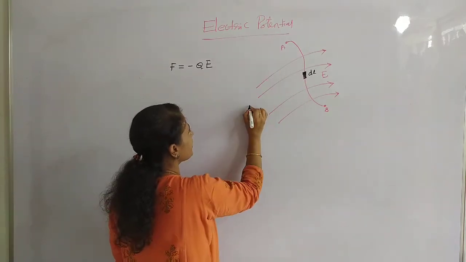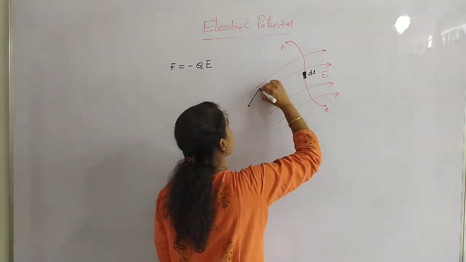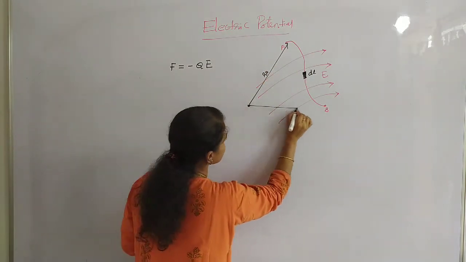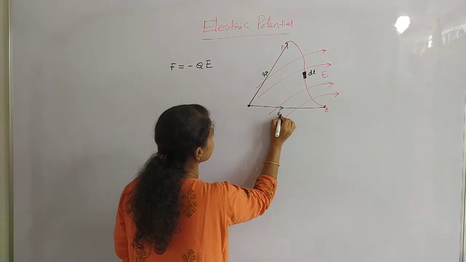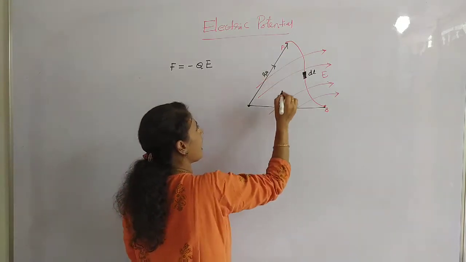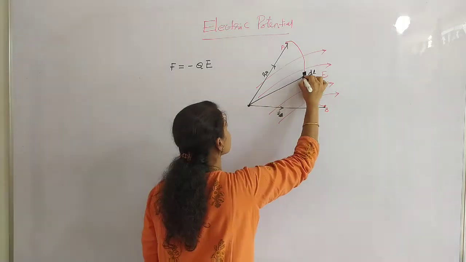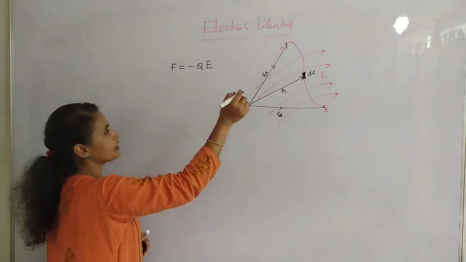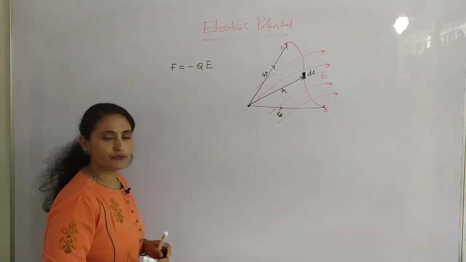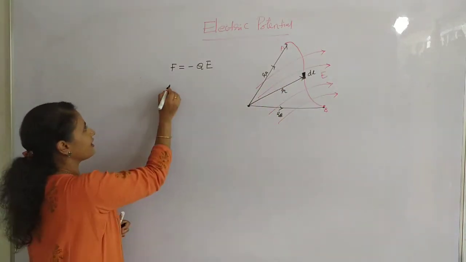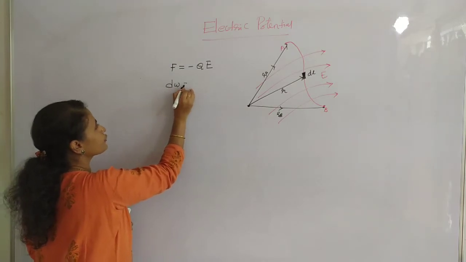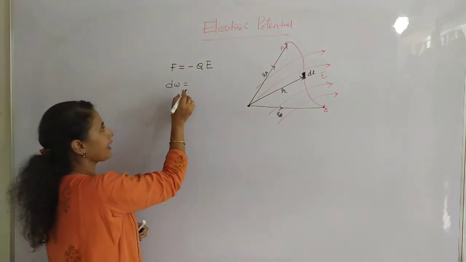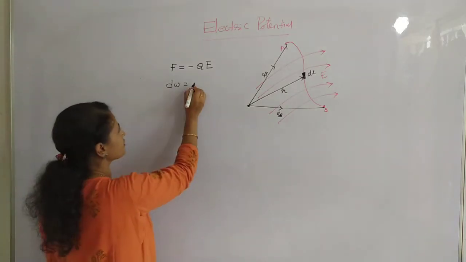Now let this point A be at a vector distance of RA and this point B at a vector distance of RB, and let this differential length be at a vector distance of R. Now the differential work done to move a point charge over a differential length is given by work equals force into displacement.